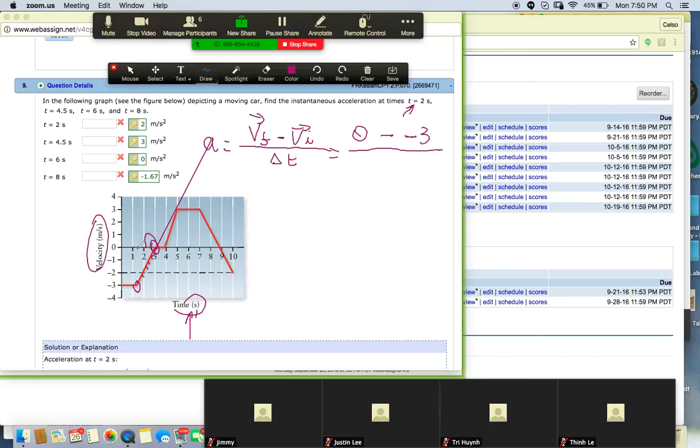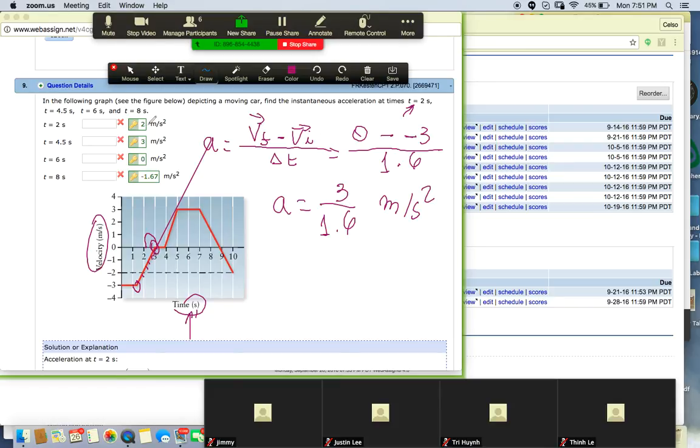The time is not exactly in the middle, it's not 1 second, it's not 1.5, probably 1.6, I guess. So the average acceleration is 3 divided by 1.6 meters per square second. And then you have a number. That's how you do that.